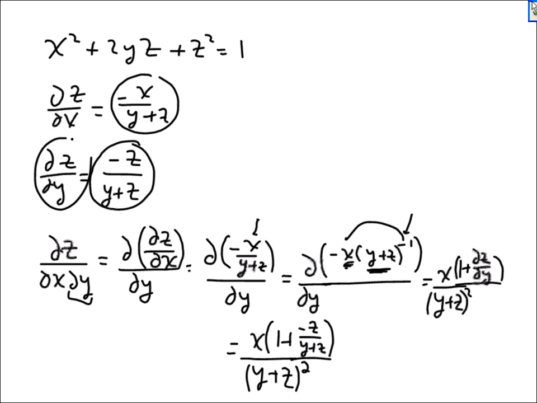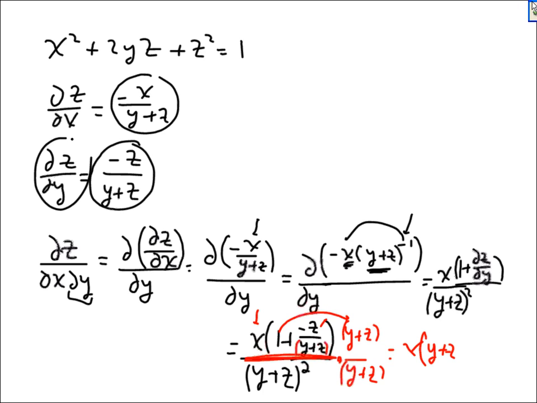Okay, now, my favorite stuff, algebra. I'm going to change the way this looks. That means I need to multiply by 1. In my numerator, which is above this line, I don't like the fact that it has a denominator. It has a y plus z as a denominator. Okay, this x stays. 1 times this is y plus z.